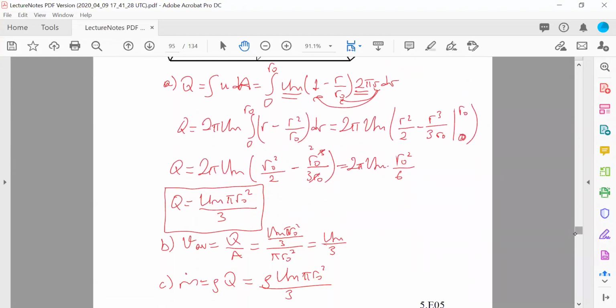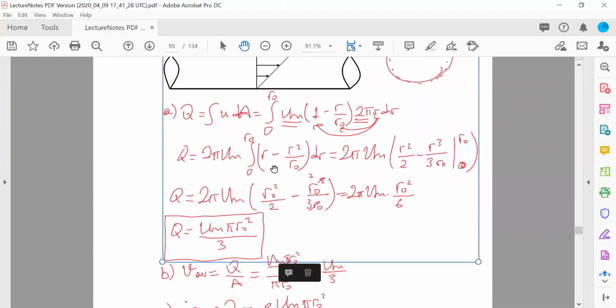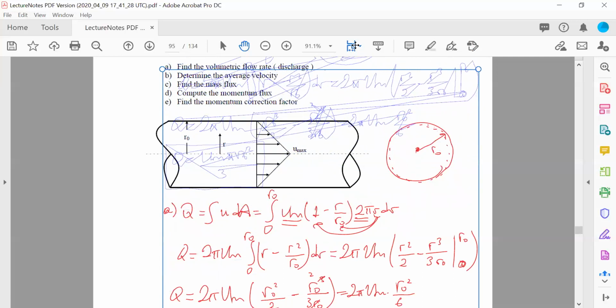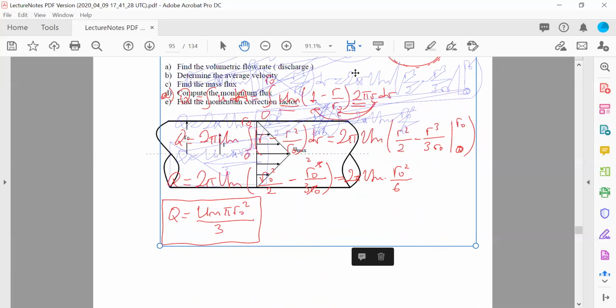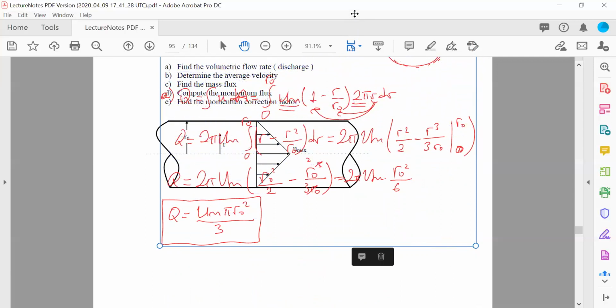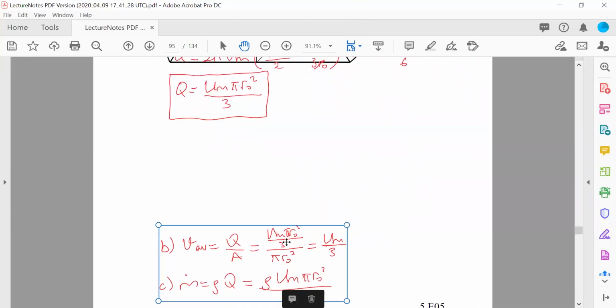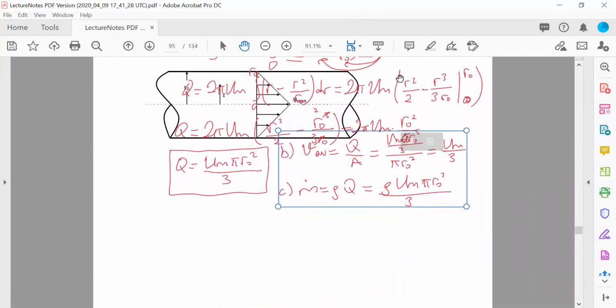Momentum flux. Let's go through part D, momentum flux.